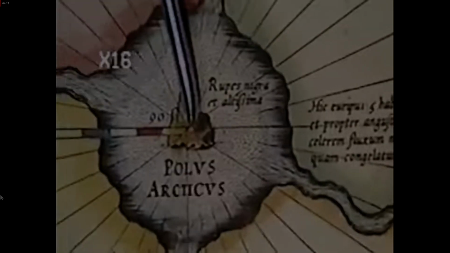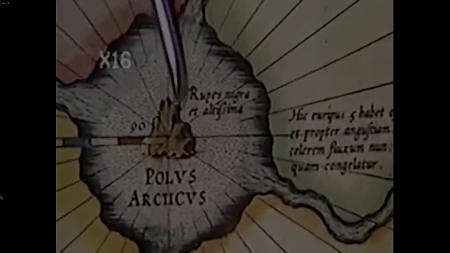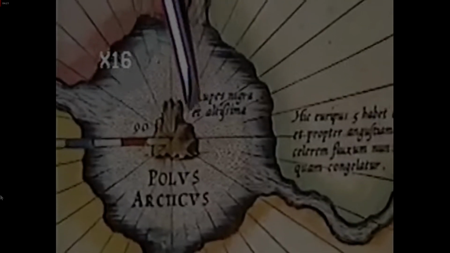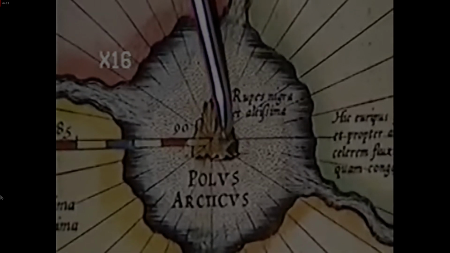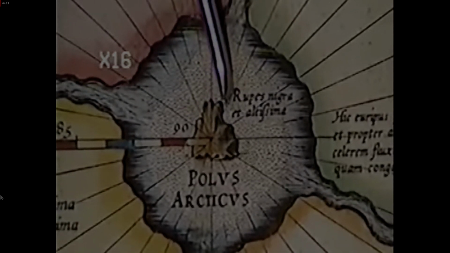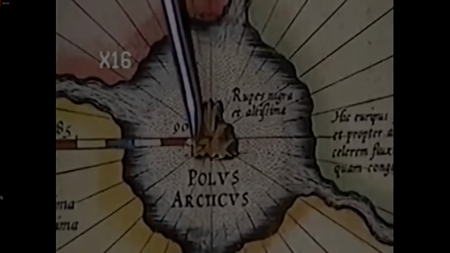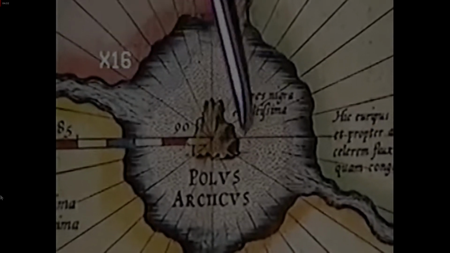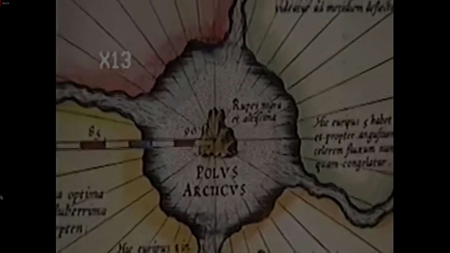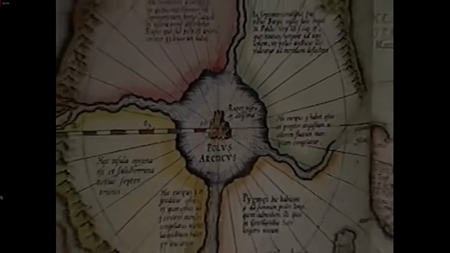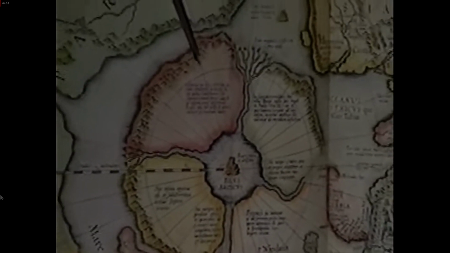In dead center, it says Rupes Nigra et Altissima. Describes a very dark and high canyon right in the middle of the pole. Let us now go to this island over here at the top left.